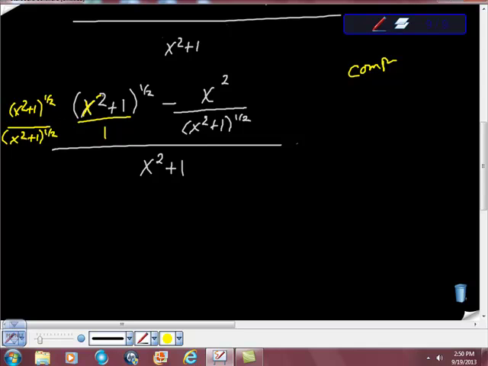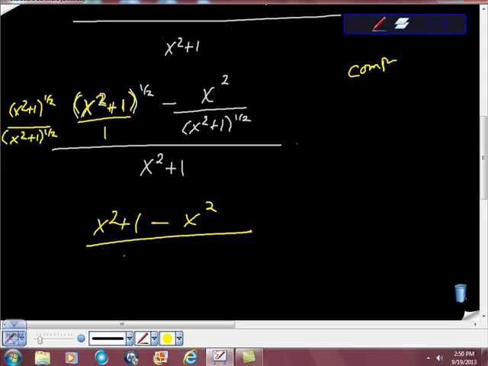Now, this thing, believe it or not, is starting to clean up pretty good. Because this is x squared plus 1 is this factor here, and so is this one, then when we multiply this times this, we just add their exponential values, and 1/2 plus 1/2 is 1. So we get x squared plus 1 to the first power, which is just x squared plus 1, minus x squared, right?